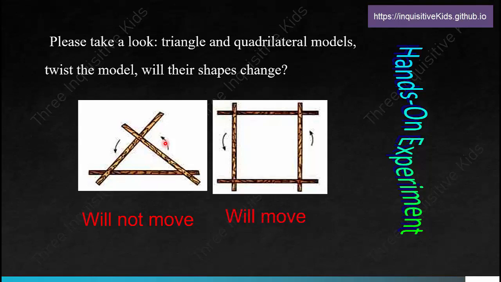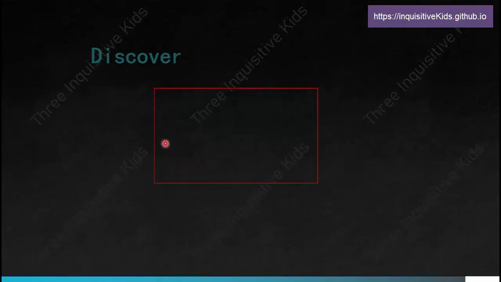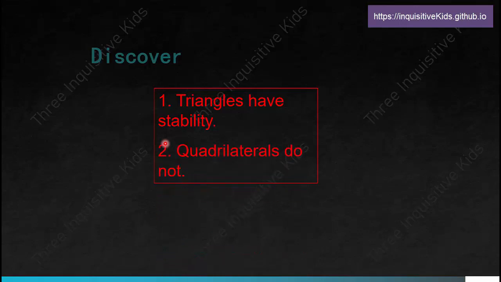It's going to tilt side to side. It's going to become diagonal. Discover that triangles have stability to their shapes, but quadrilaterals do not. When you try to move one of the sides of a triangle frame, it would not move. But quadrilaterals will.